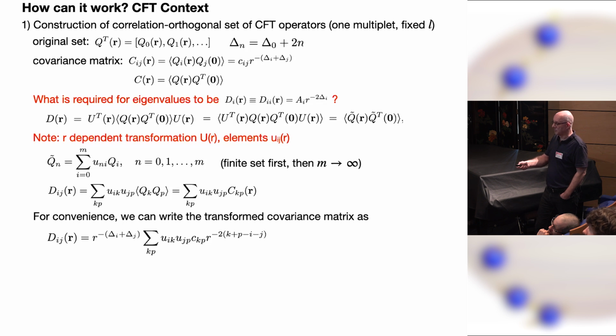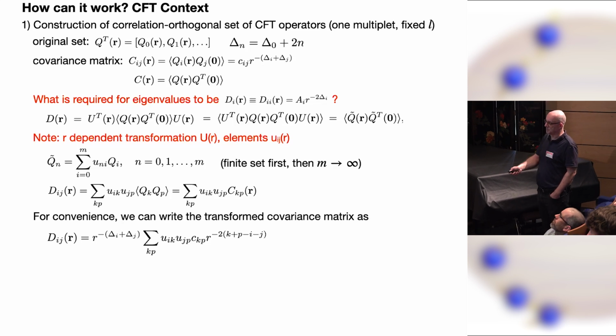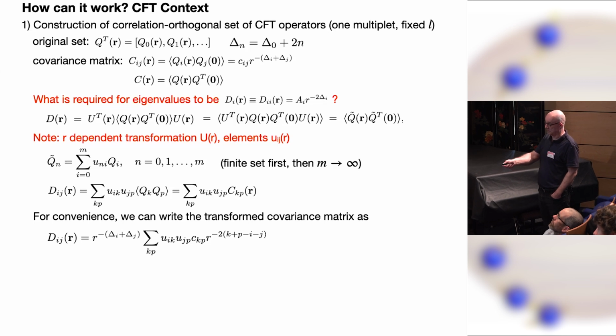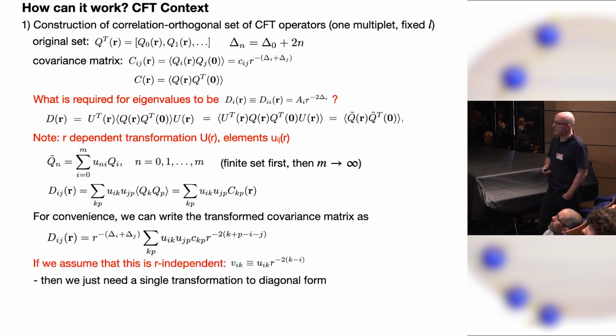And then, since I have all these power laws coming from there, there's nothing wrong with pulling out something that eventually I want to get. So I pull this R to delta I plus delta J out, and then because of this relationship between the primary and descendants, I get something like that.